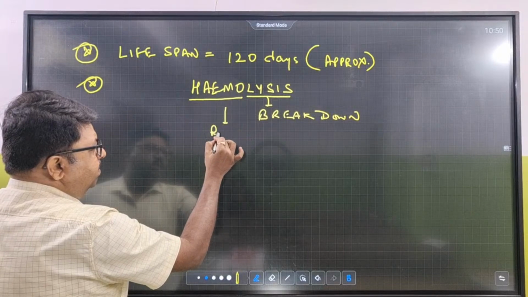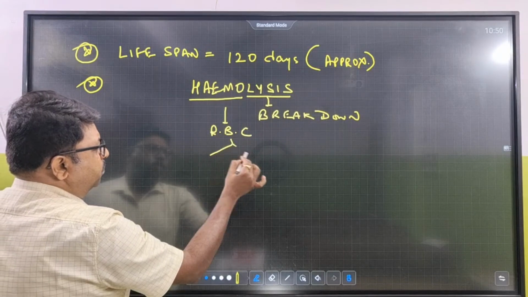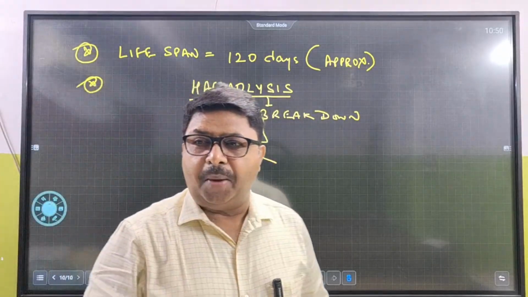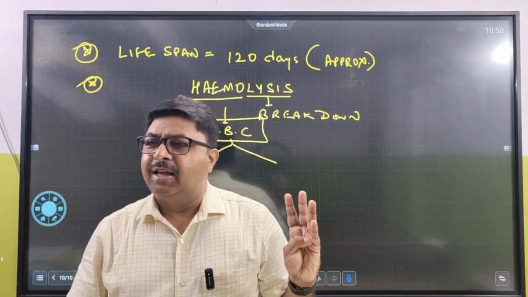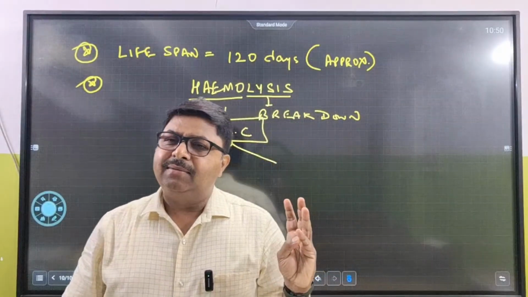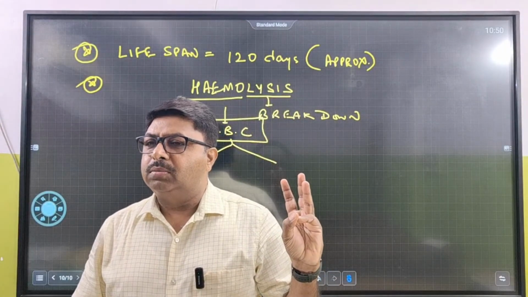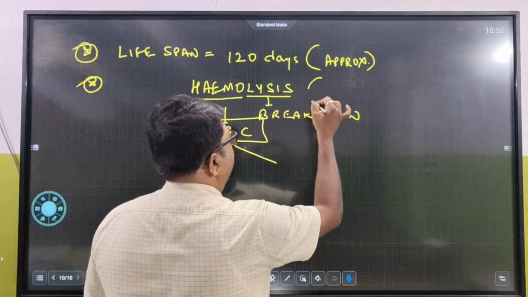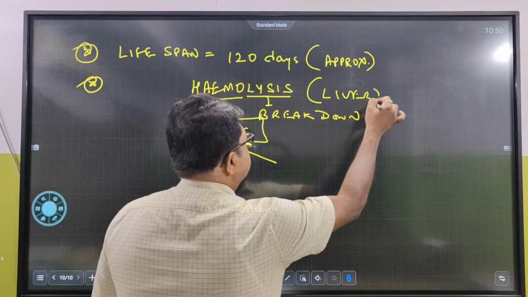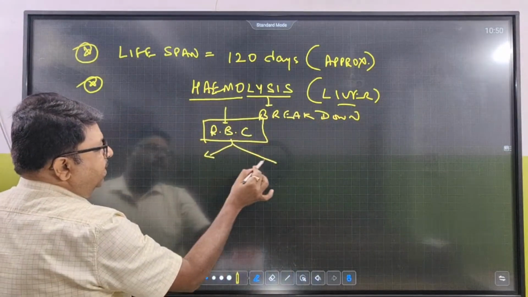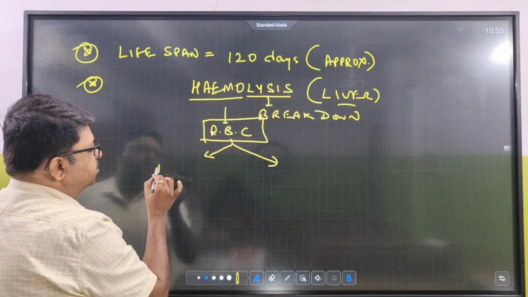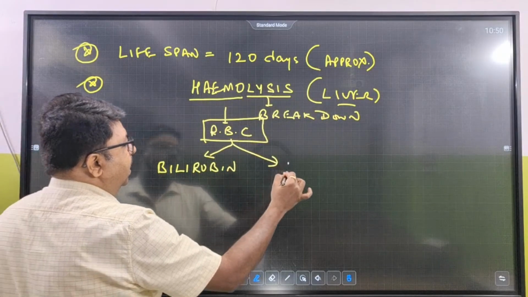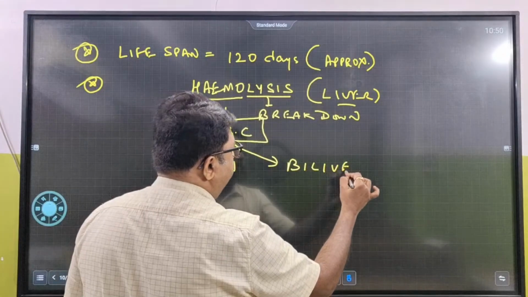So when RBC breaks down, now name the organ which helps in the breakdown of RBC. I'm giving you options: is it pancreas, liver, spleen, or bone marrow? It's the liver. So the liver is going to break down RBC, and ultimately RBC is going to change into two bile pigments called bilirubin and biliverdin.